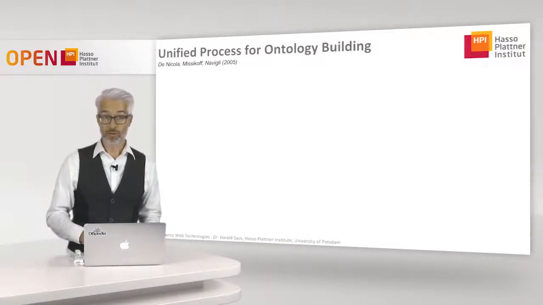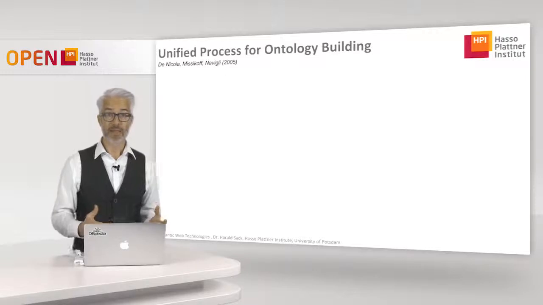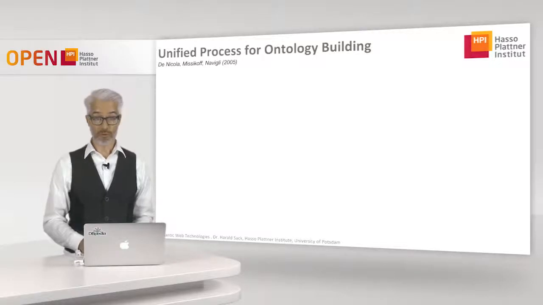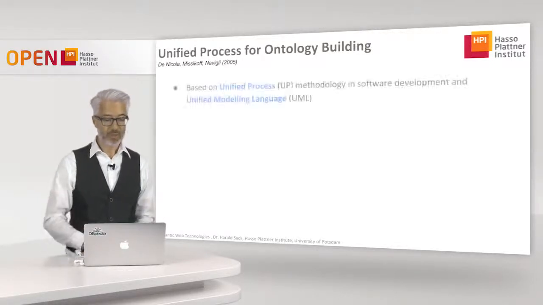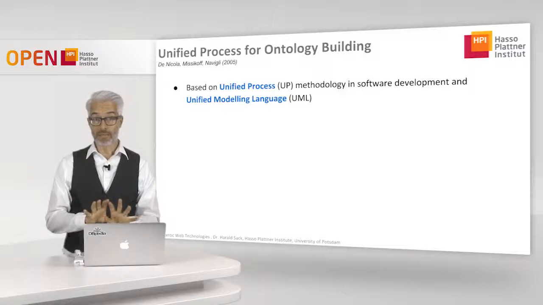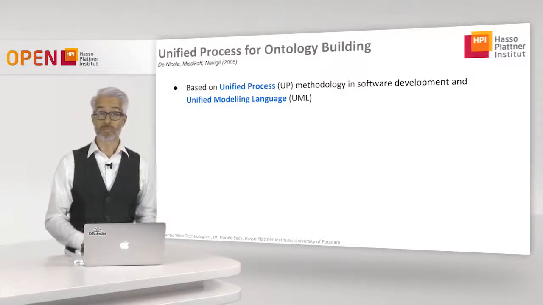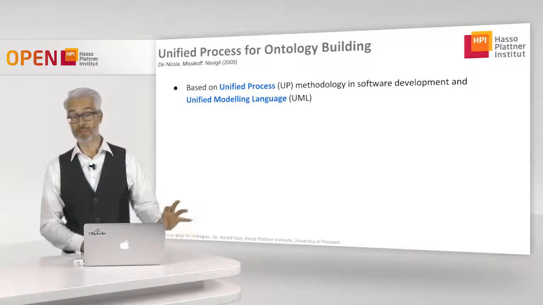It's of course an acronym, and the entire name reads Unified Process for Ontology Building, and it was introduced in 2005. So what is it all about? The nice thing is that it reflects experience that we already have from software development and software engineering.